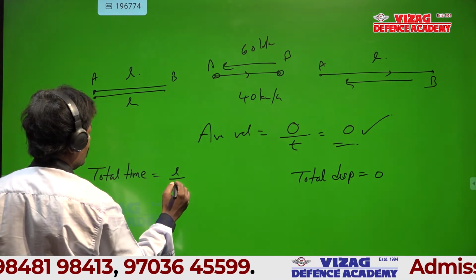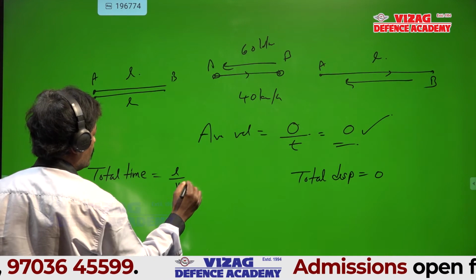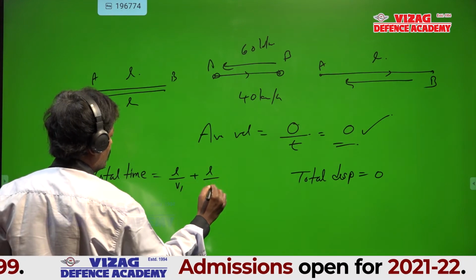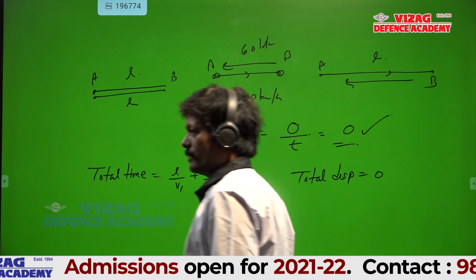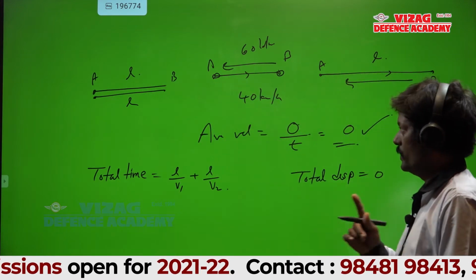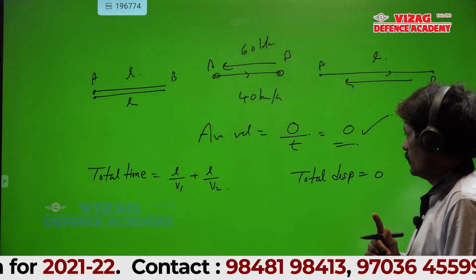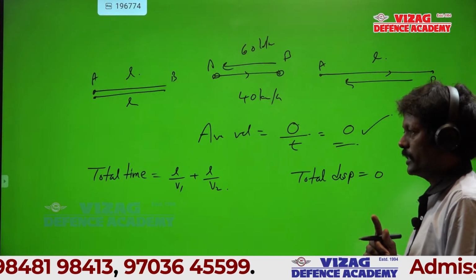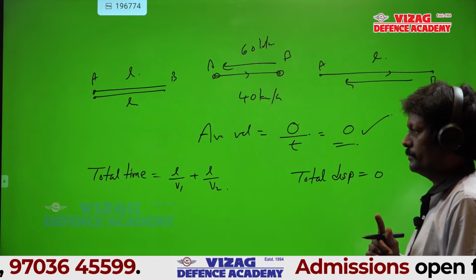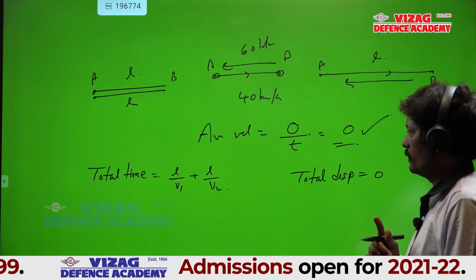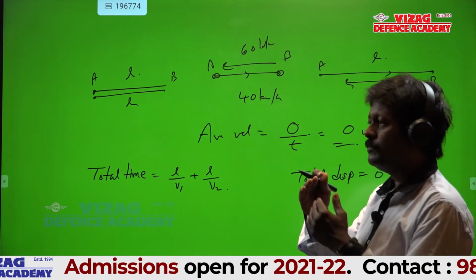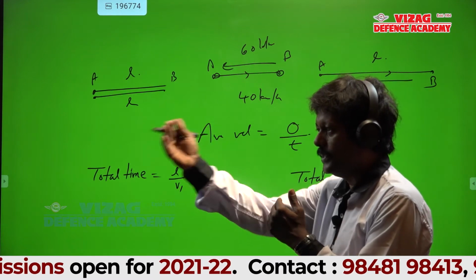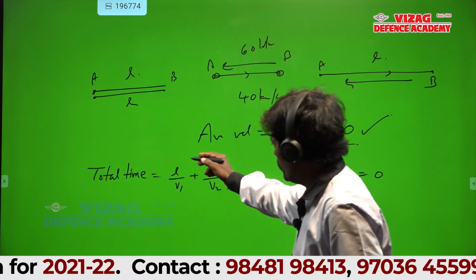Total time is L by V1 plus L by V2. All of you listen again. Time taken to go from A to B is L by V1.